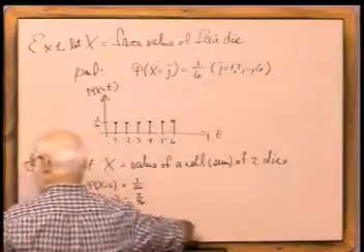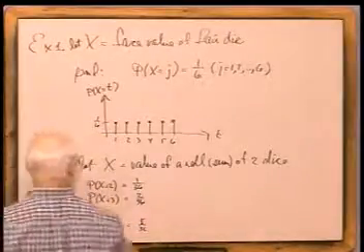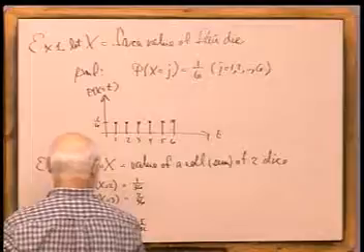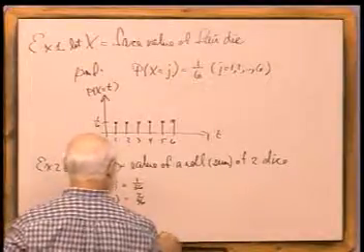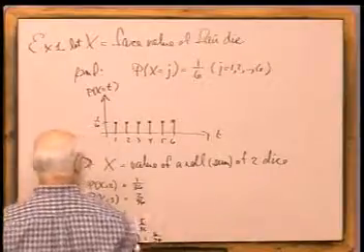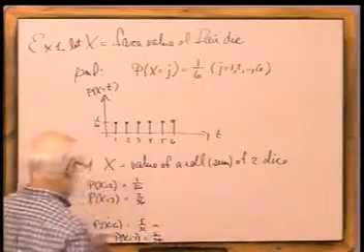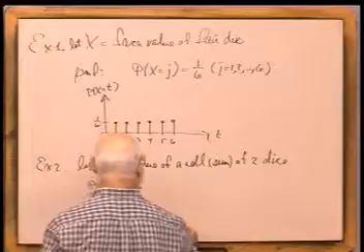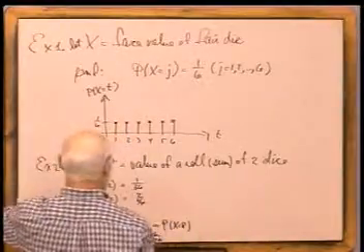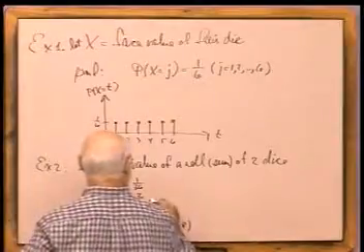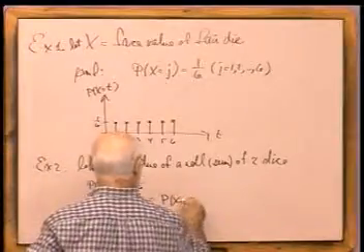And then the probability X equals 7. So I'll put it in the middle. You'll see why in a moment. The probability X equals 7 is 6 over 36. But then the probability that X is equal to 8 is the same as the probability that X equals 6, and so on. So the probability X equals 3 is the same as the probability that X equals 11.